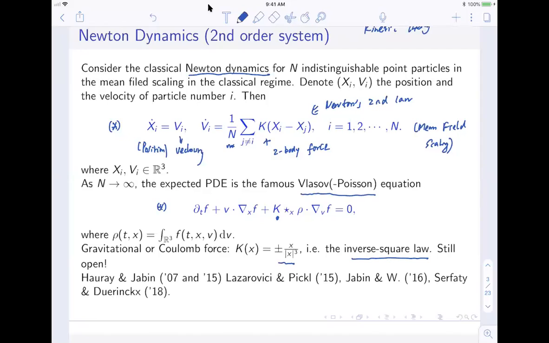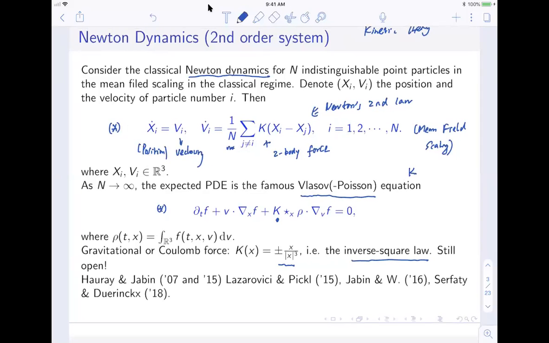It's actually a mesoscopic kinetic equation which describes the evolution of large scale astronomy models, or some plasma physics models describing the evolution of ions in plasmas. So formally, what we know, the classical result, is that if this interaction force is Lipschitz.